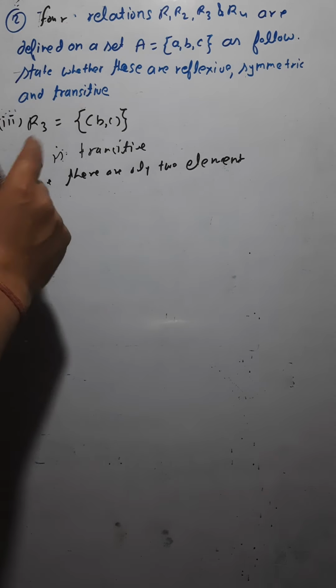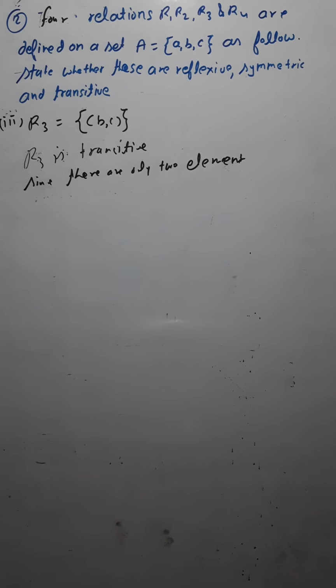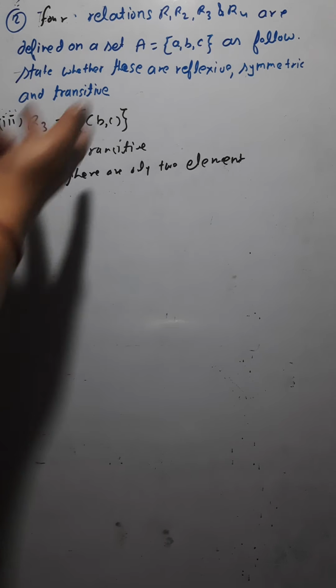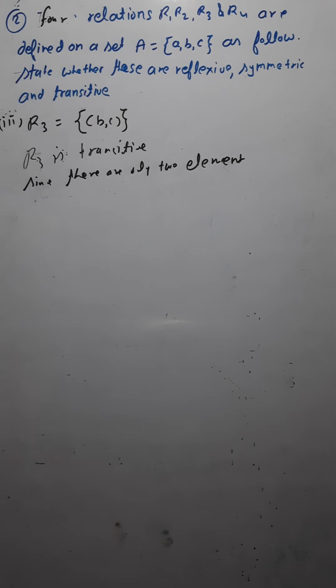So if you have only one ordered pair, then again you would call such a relation a transitive relation. Because for transitive we need at least two ordered pairs, isn't it? But you have only one ordered pair, so you would call it transitive. Okay, just note it down. Then we would move towards the next part of the question.